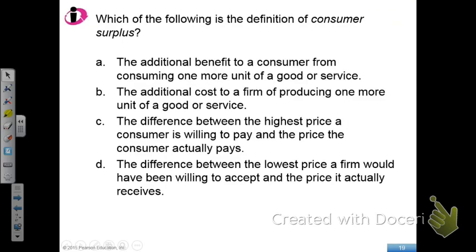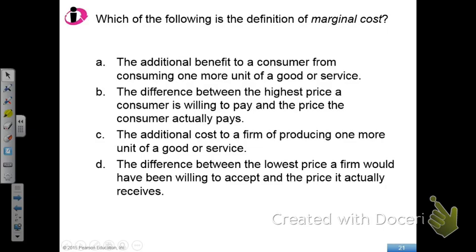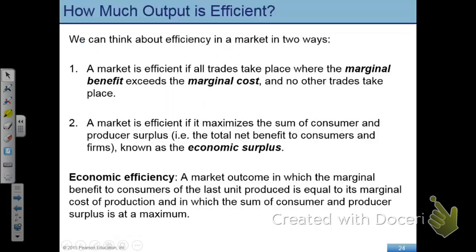We looked at a bunch of questions which I'm going to skip for the time being, and then we are going to directly move on to the issue of efficiency in our economy.